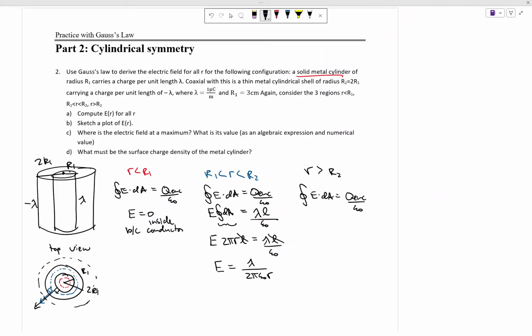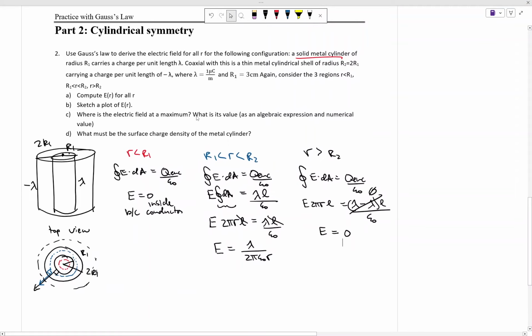So although this side would be the same, we have lambda minus lambda times L. This will be 0. And so the electric field outside is also 0.